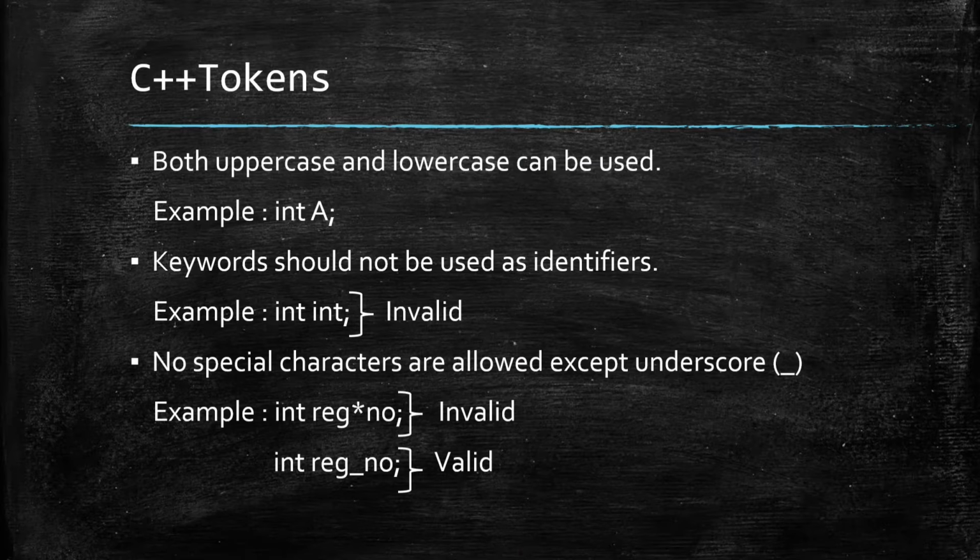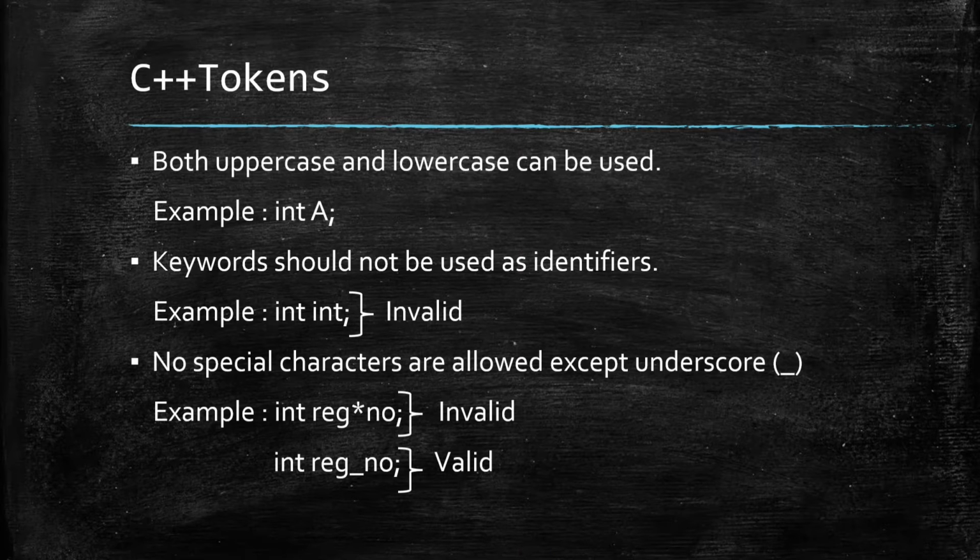So the next rule is keywords should not be used as identifiers. Keywords should never be used as identifiers. So what is a keyword now? A quick glance. A keyword is a predefined word with a definite meaning, and the meaning of the keyword cannot be changed. Here the rule says keywords should not be used as identifiers.